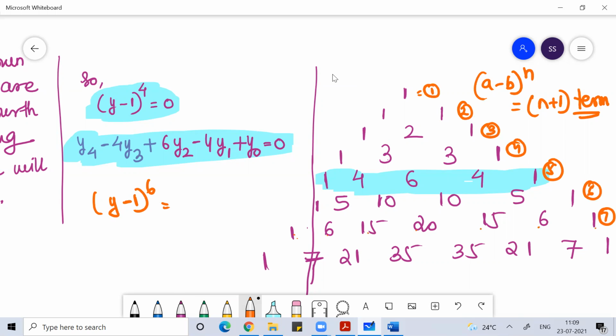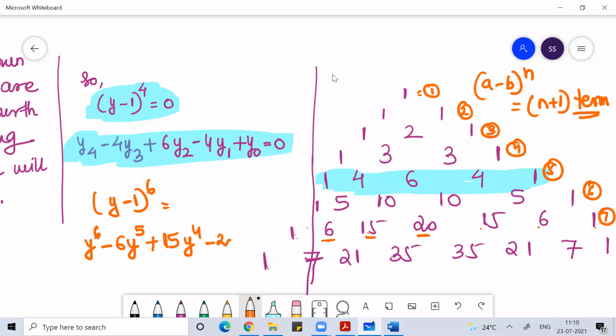So just write this. Use the coefficients. Start with y to the power 6, then minus sign. Plus, minus, plus, minus. Then 6, so write 6 y to the power 5, do minus 1 here and plus 1 that side. Then plus 15 y to the power 4, again put minus sign.